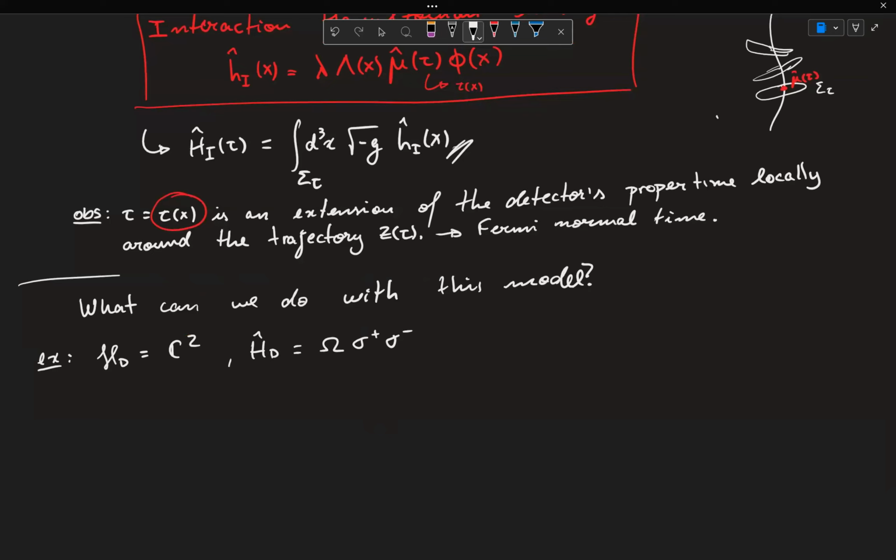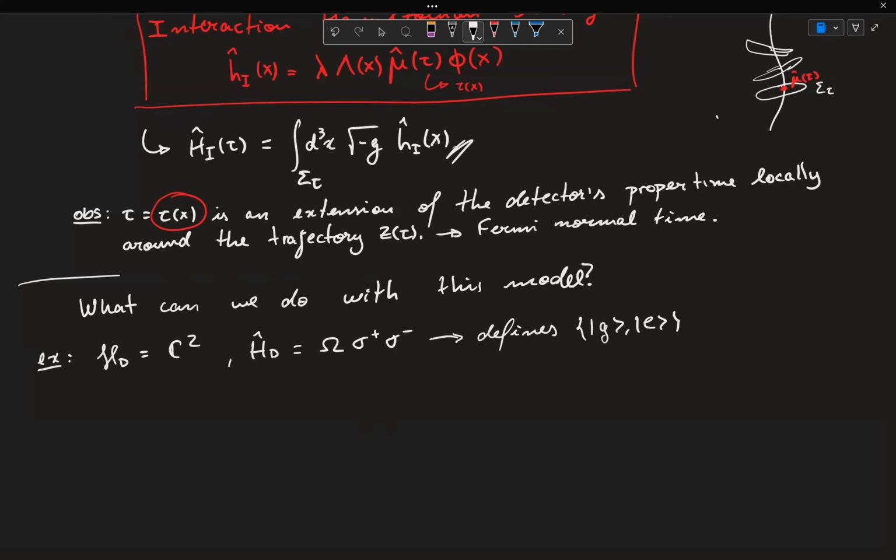The free Hamiltonian of the qubit is simply going to have this energy gap omega and these raising and lowering operators sigma plus and sigma minus. This basically defines the basis, which is the ground state and the excited state.